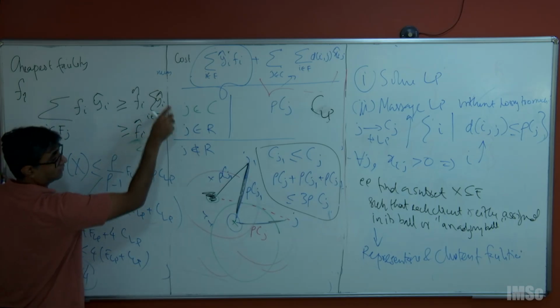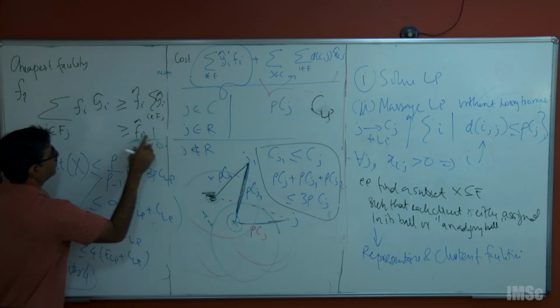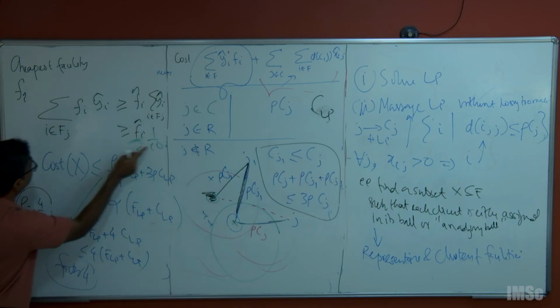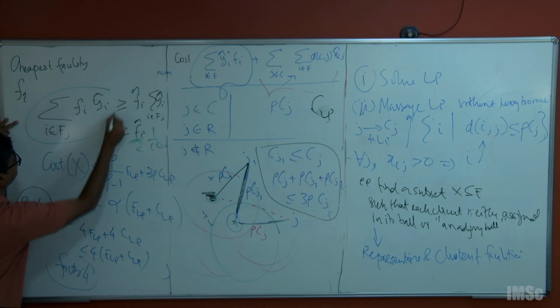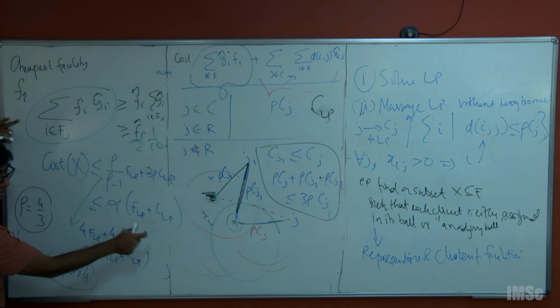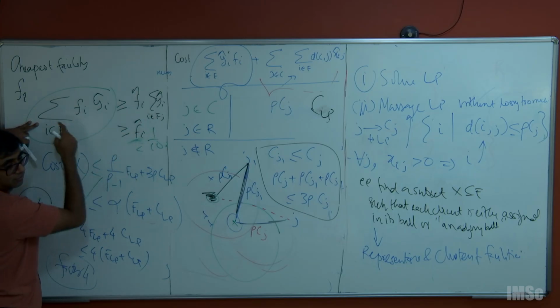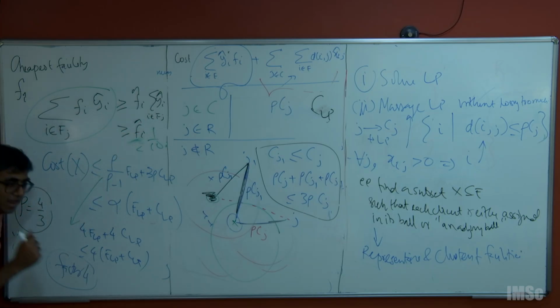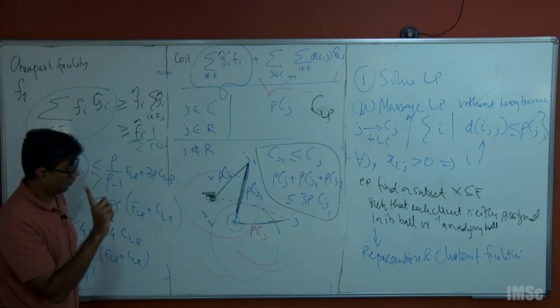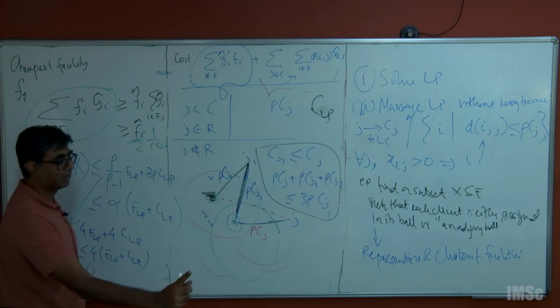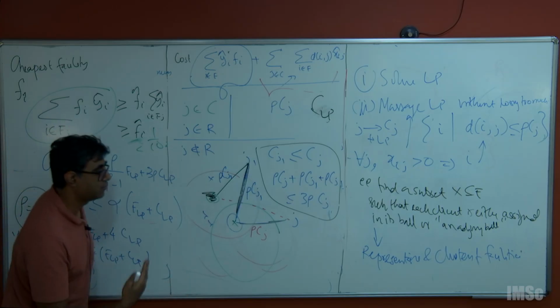If this would have been 1/100, then for this opening cost I pay much more, because this is what I pay in my LP by disjointness. So it is advisable that the yi values of this are as close to 1 as possible, because at least you have to open one anyway, right? But not all the time are you able to do so.